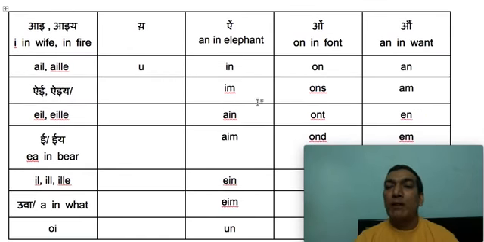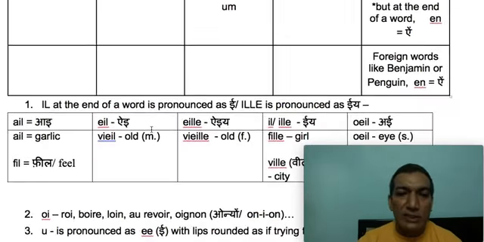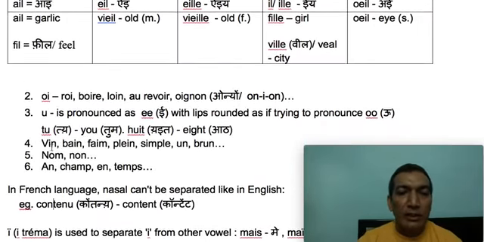Okay. So some examples. Vin, vin. En is un. Vin means wine. Then the second word is bain. Bain means bath, B-A-T-H in English. Then em is also pronounced as un.